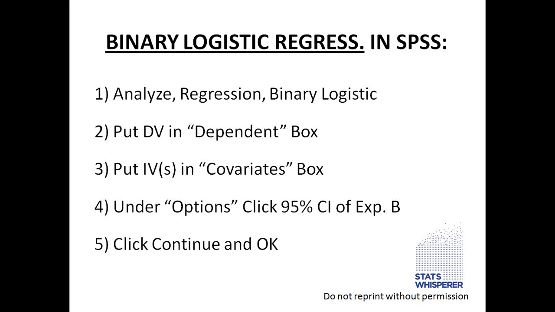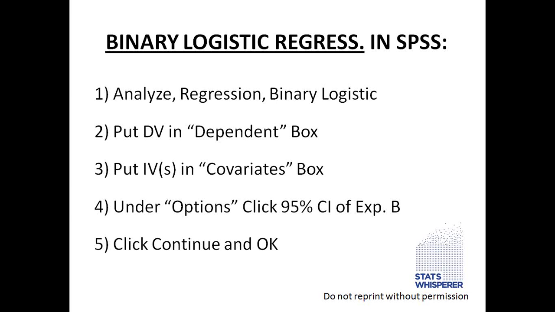Now always under options, click the 95% confidence interval, right? It'll say 95% CI of EXP(B). That's exponent beta, that's the odds ratio. So whenever you publish or write up your results for a logistic regression, you'll put the odds ratio, but always the confidence intervals too. It's just standard, right? Then we click continue and OK.